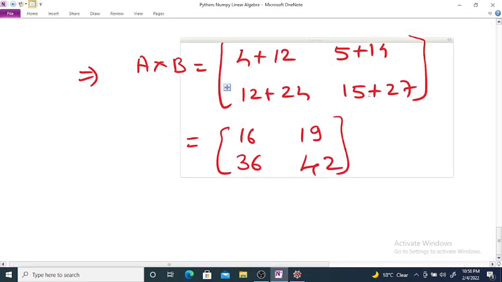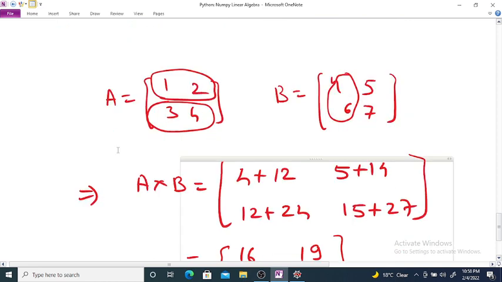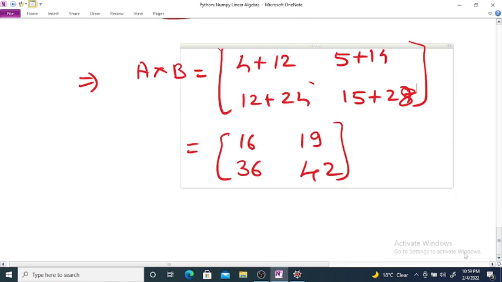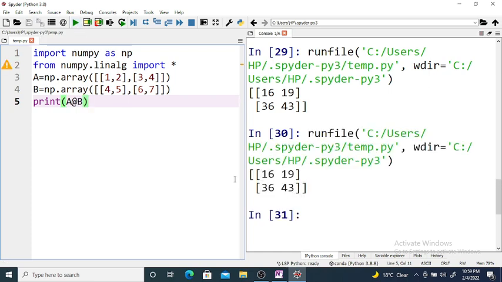So you can see 16 19 36 43. Or there is one more way: you can write it as A at the rate B, and you can use this command also to find a multiplication of two matrices.